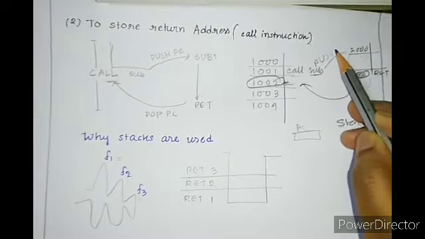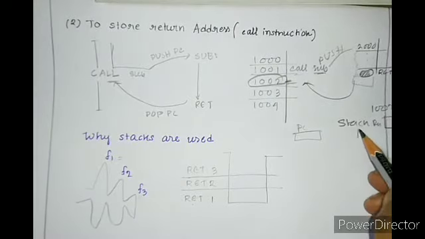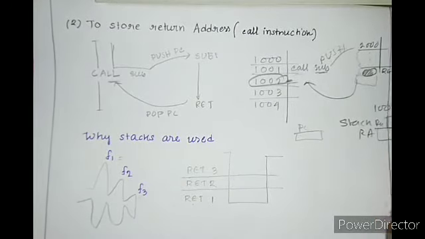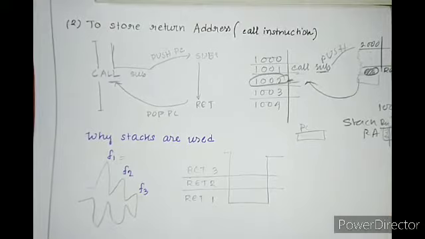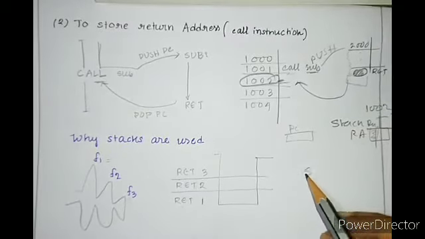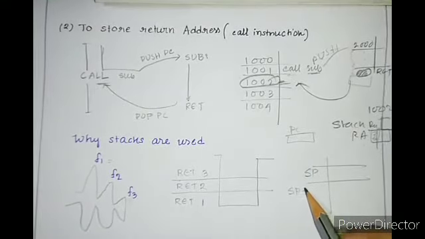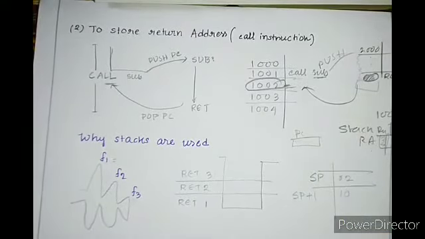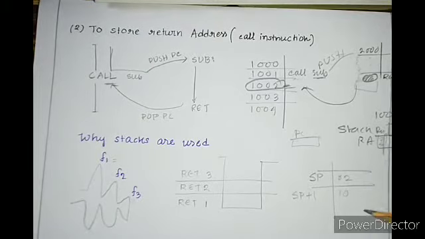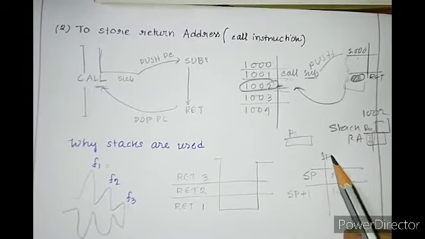Push the location 1002, or basically RA, at two locations, obviously since it's a 16-bit memory address. So the return address gets stored at SP, at two different memory locations in the stack.